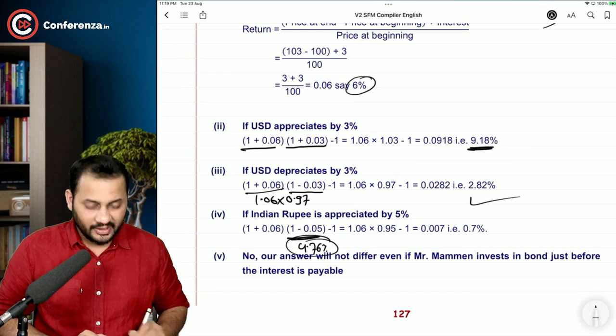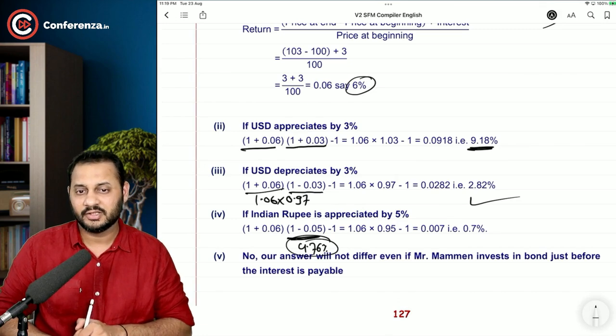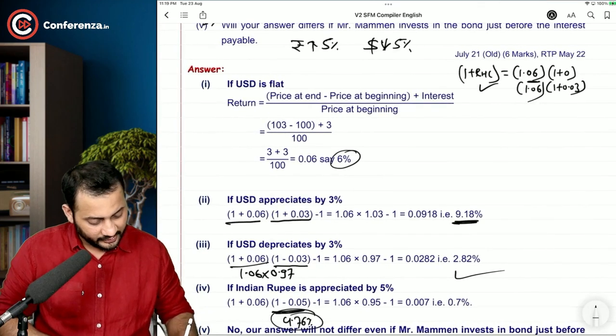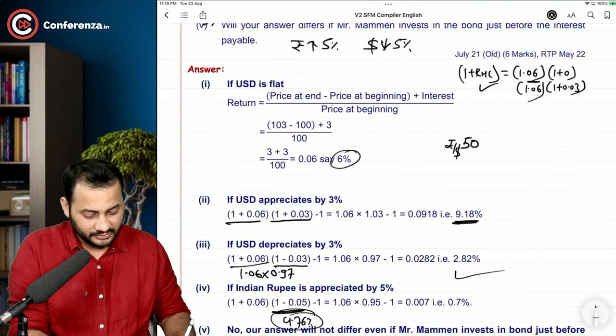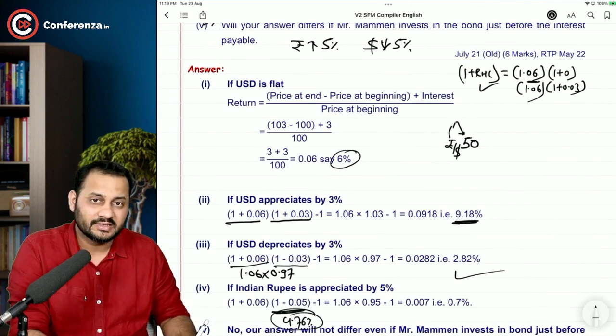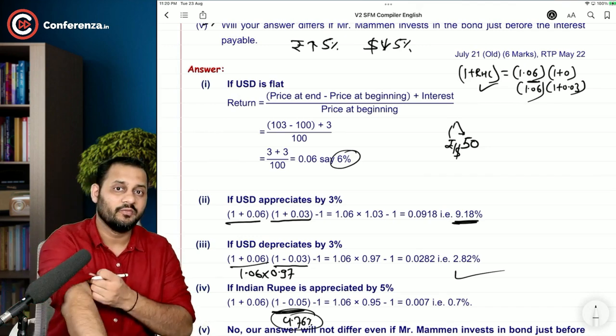4.76% is the real value of depreciation of dollar when the rupee is appreciating by 5%. I can take any figure. Let's say for example rupees per dollar is 50. Since rupee is the price currency, and it is appreciating by 5%, how will you do it?